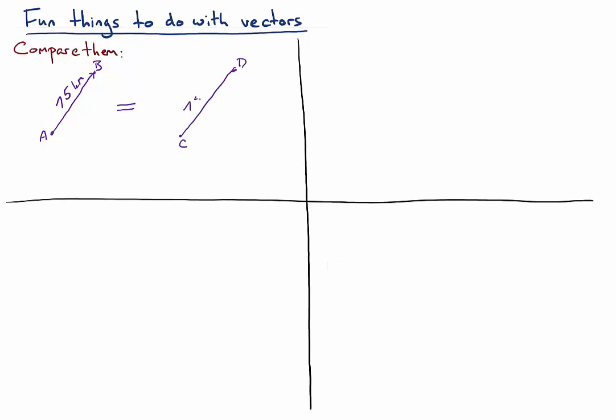Still 75 kilometres, still in the same northeast direction. So here's north and east, and there's northeast. So these two vectors are the same, even though they're in different places.